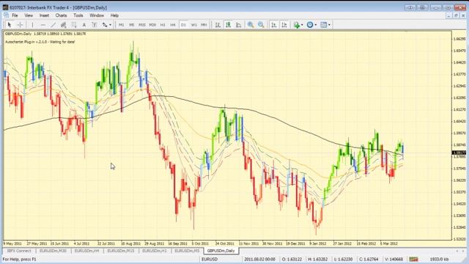I don't care if it's stocks, futures, or forex. That daily chart is what people will use to gauge their opinion of a market. It's not going to be the 5 minutes, the 30, or the 240. It's the daily.